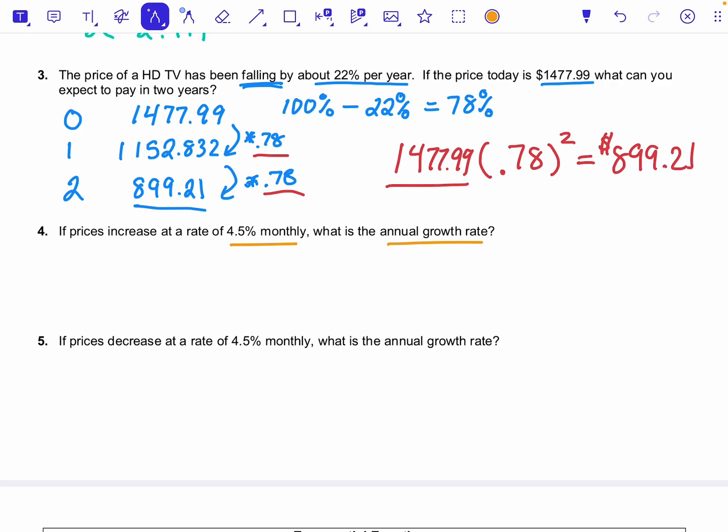If you're thinking about increase, that means every month, whatever the original price is, I would be doing 100% plus that 4.5% every month. In decimal form, that would be 1 plus 0.045, or it would be multiplied by 1.045 each month.